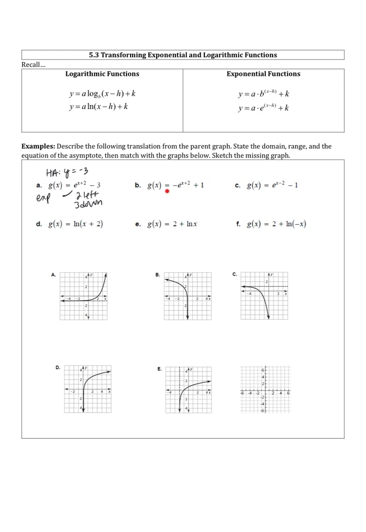For B, this is an exponential equation as well. We have a reflection occurring here over the x-axis. And we see a shift 2 to the left and a shift of 1 up.